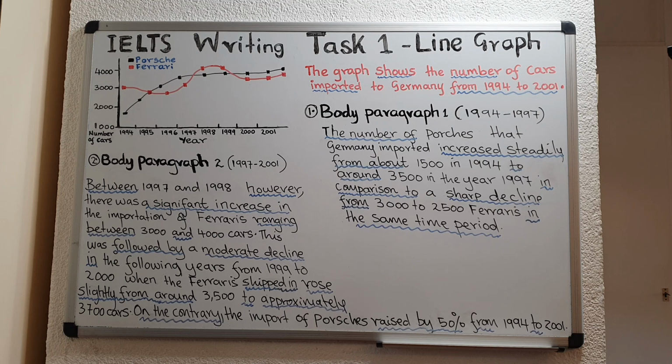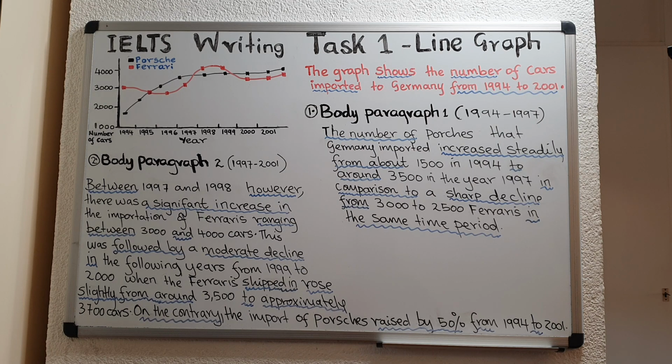So another thing that you notice also is that once you have put in a point or a fact, you then have to justify it, back it up with numbers and years as well. I'm using 1,500, 1994. So use numbers, years, figures to support your claims.